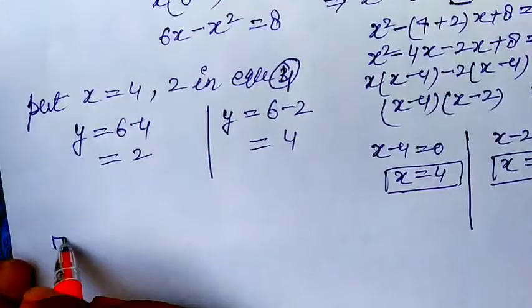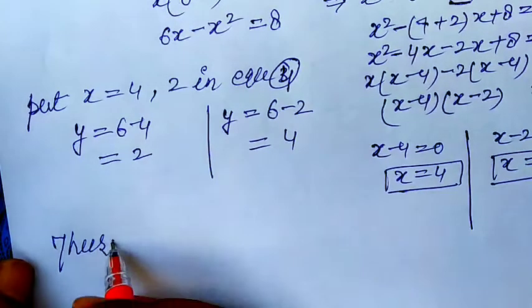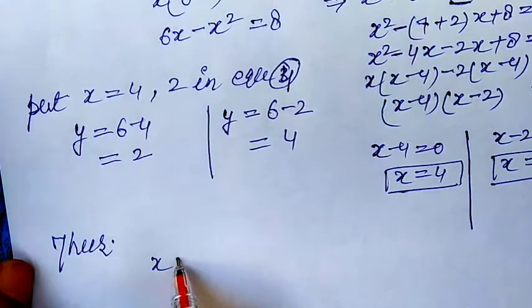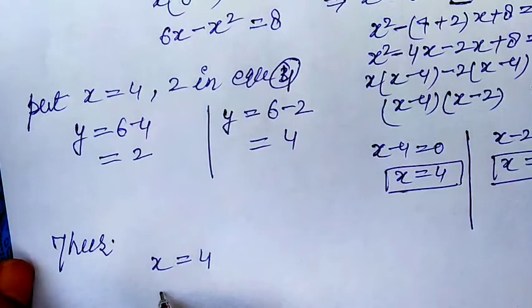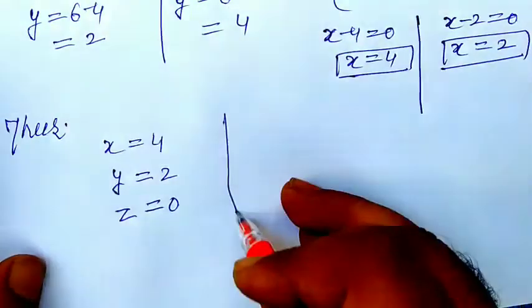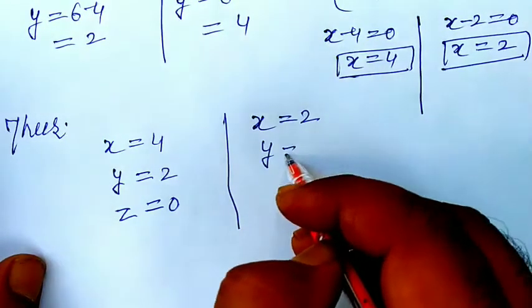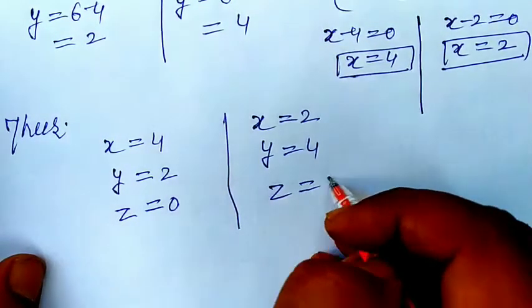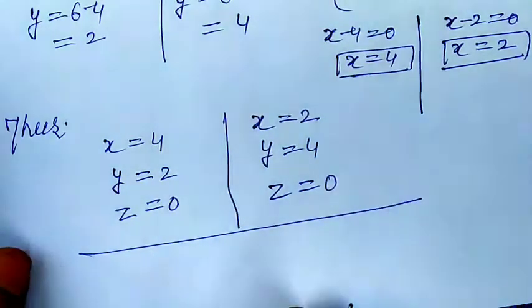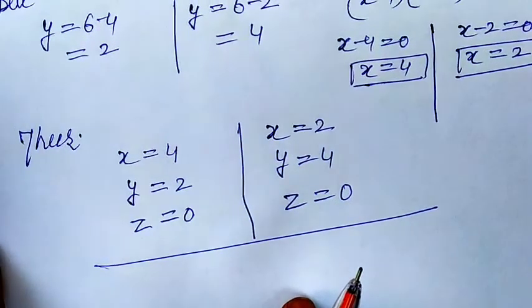So thus x equals 4, y equals 2, z equals 0. Similarly x equals 2, y equals 4, z equals 0 are the required values, isn't it?